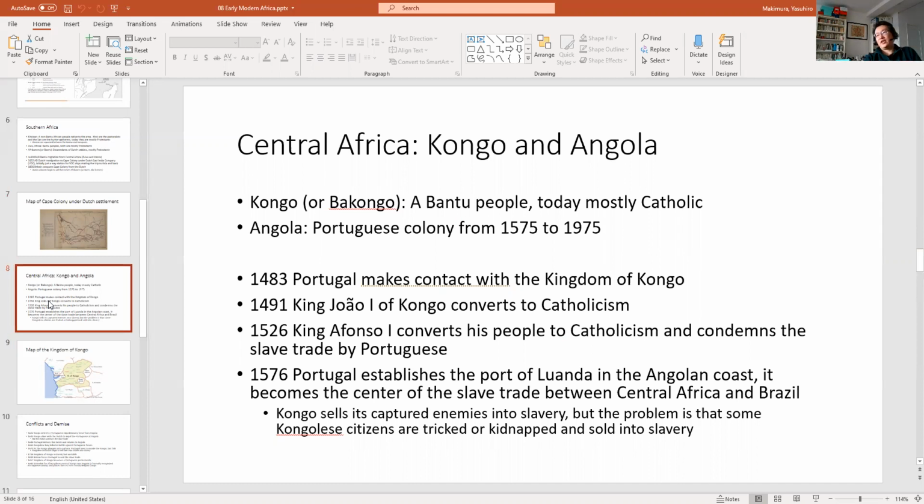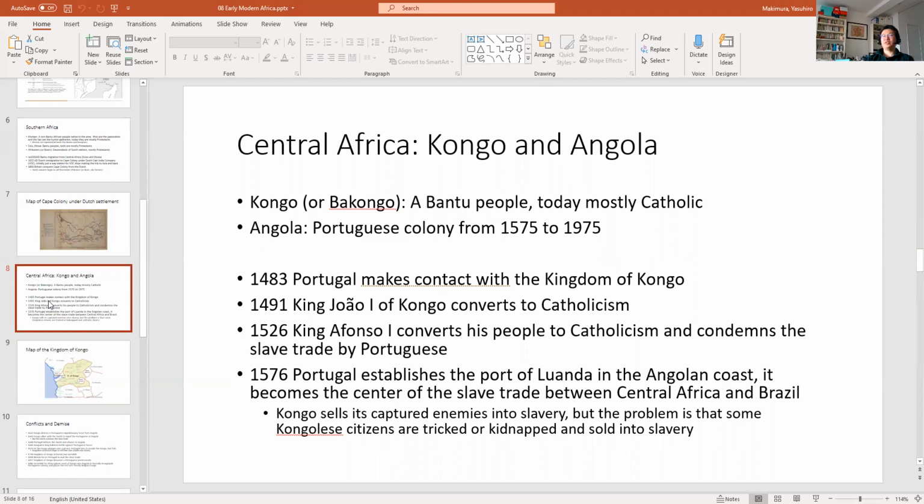So as a Catholic kingdom, in these 30-some odd years, one of the things that happens is that the Portuguese, instead of trading with the other African kingdoms, decide to trade primarily with the Kingdom of Congo. And when they do, the Portuguese are able to sell guns to the King of Congo. This was very useful, because with these guns, the King of Congo can now wage wars of expansion.